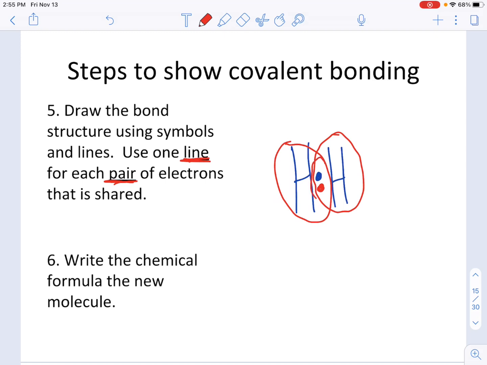To replace this pair of electrons, I just replace it with a stick or a dash, and that represents a pair of shared electrons. Step number 6 is write the chemical formula for the new molecule. The new molecule that we've created is H combined with H, or H2, 2 hydrogens. It's a diatomic element.